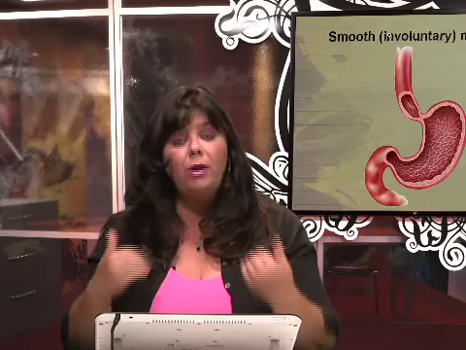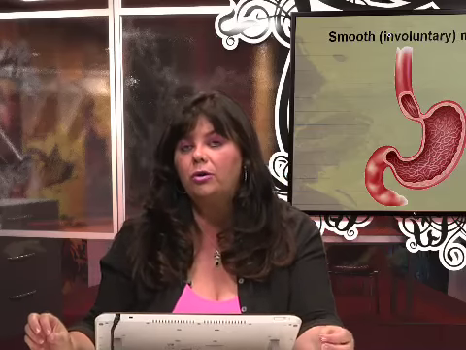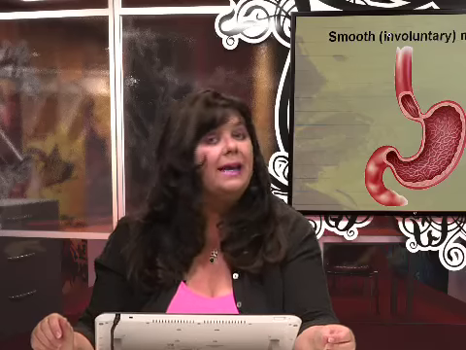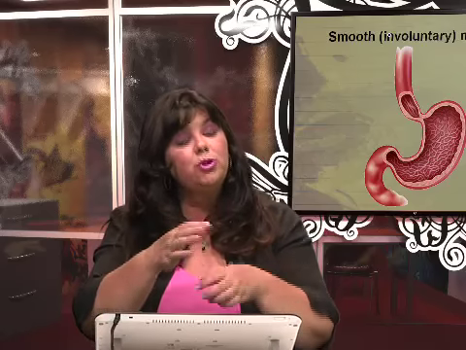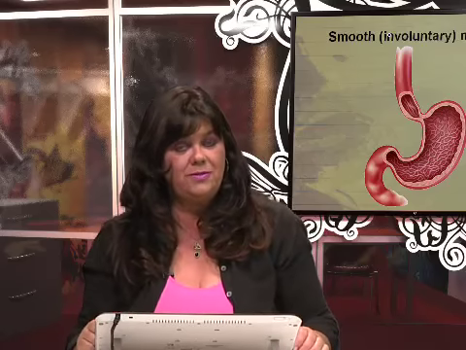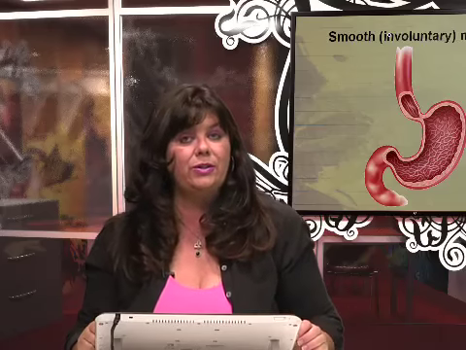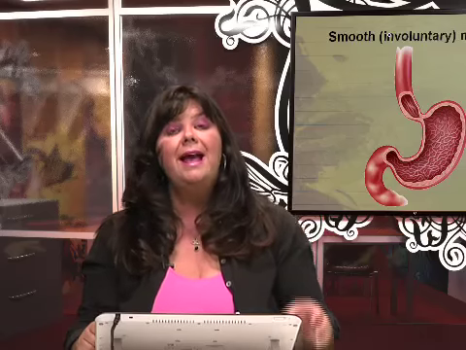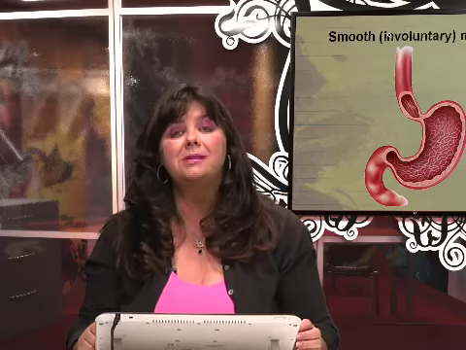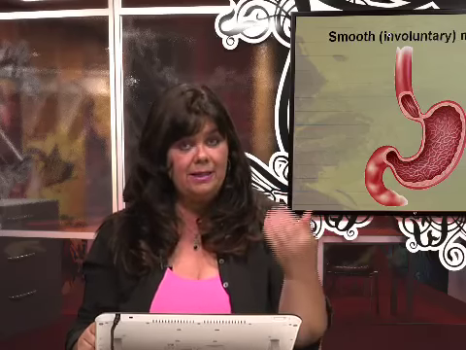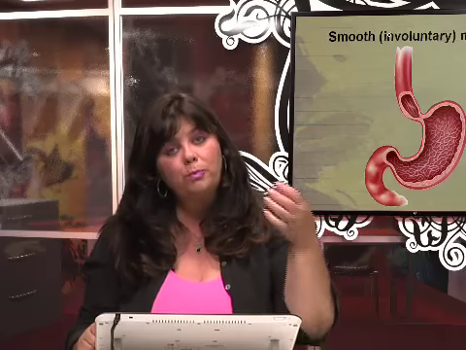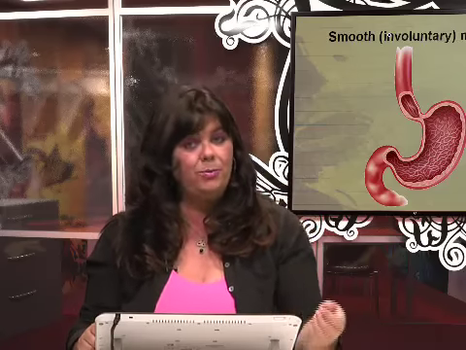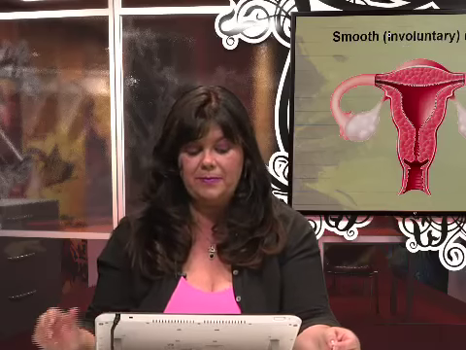Once you've swallowed the food, you have no control over your digestive system in terms of how the muscles push the food along your digestive system. All of that is under the control of the autonomic nervous system, and the autonomic nervous system stimulates the muscles in your digestive system to push the food along by the process of peristalsis.